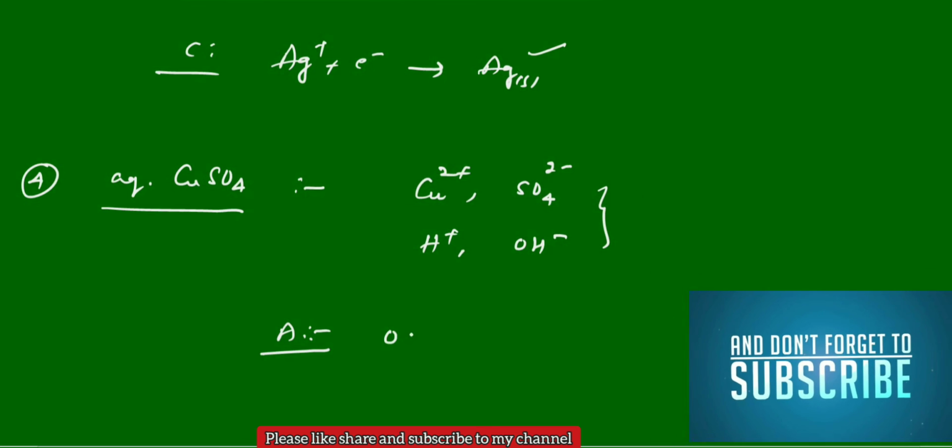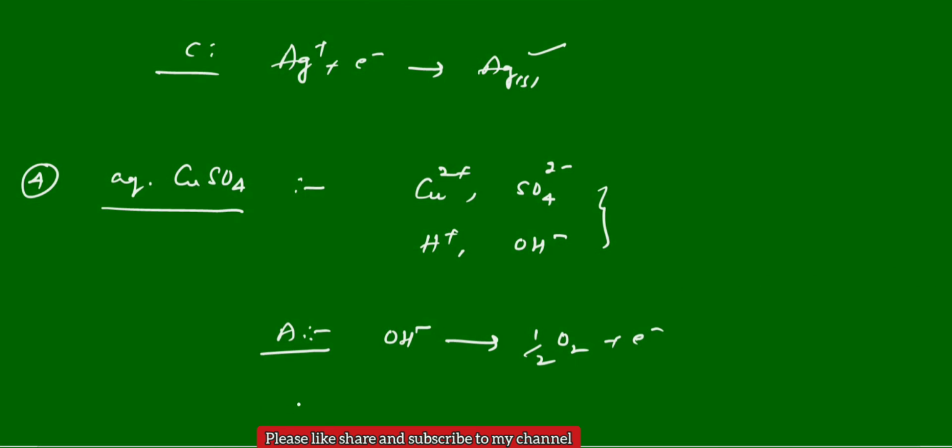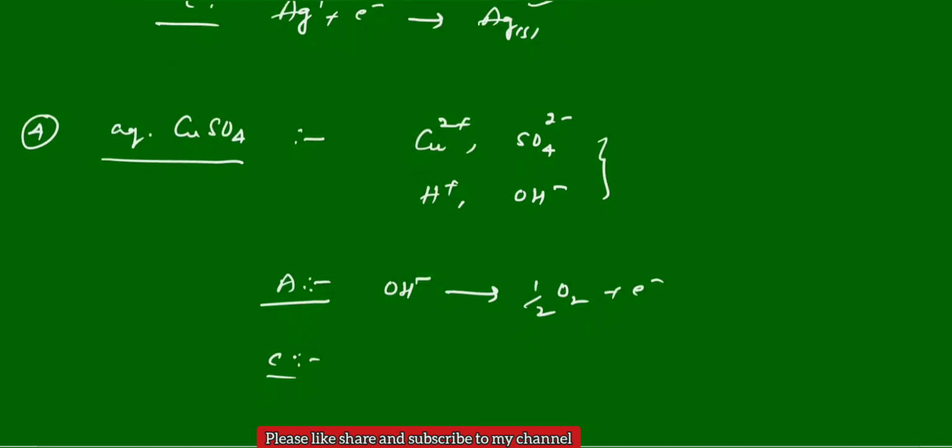Out of these two, OH minus can give oxygen. At the cathode, we have H plus and copper 2 plus. Again copper 2 plus has a lower discharge potential value and it can deposit as copper at the cathode. So here, at the anode oxygen, at the cathode copper can deposit.